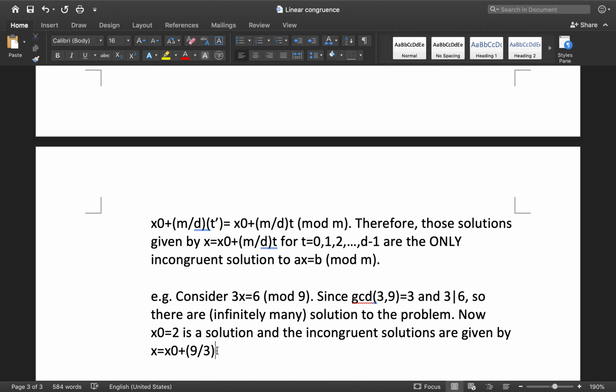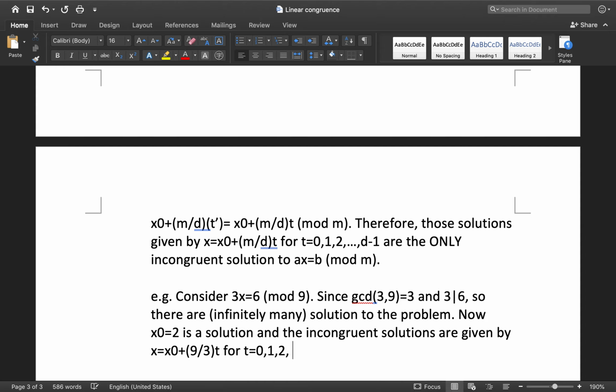It's given by this t. For t, you only have 0, 1, 2, since 3 minus 1 is exactly 2.